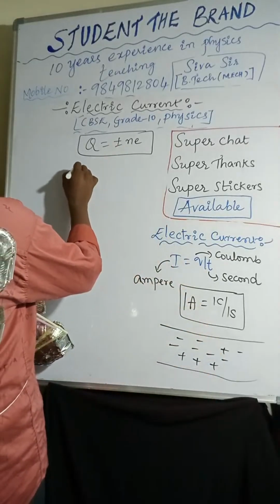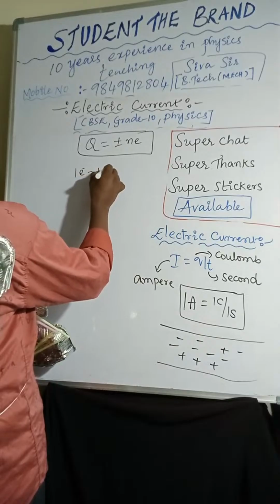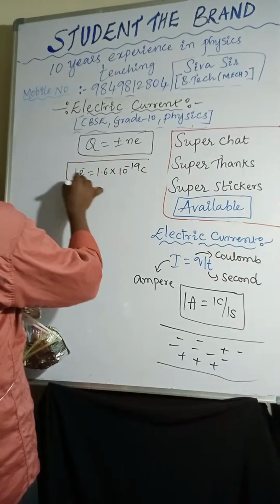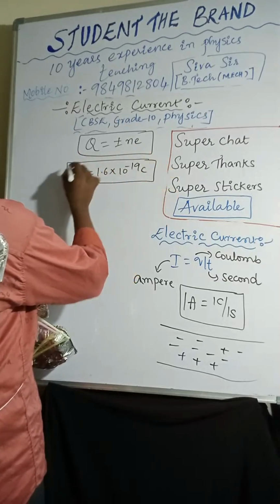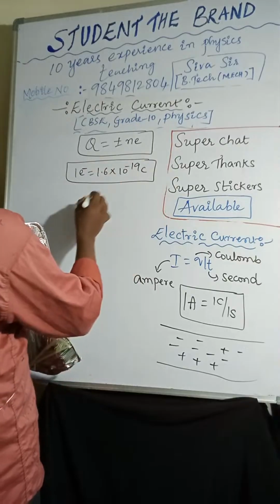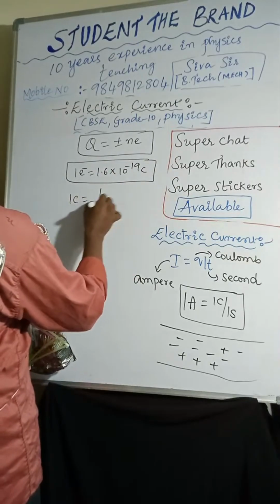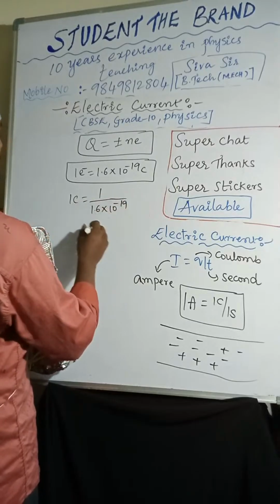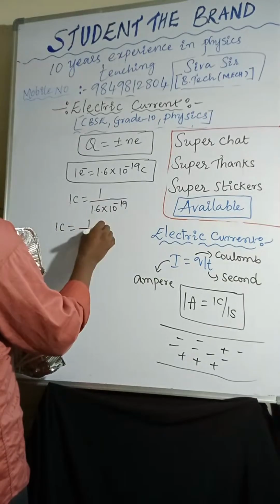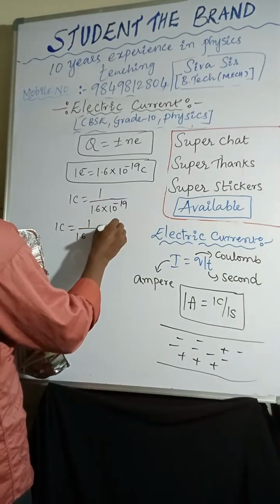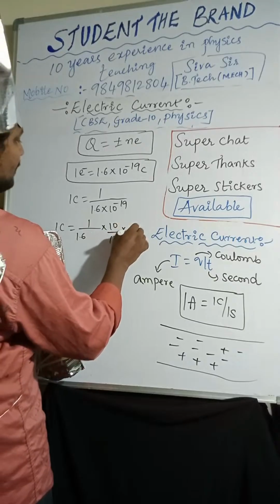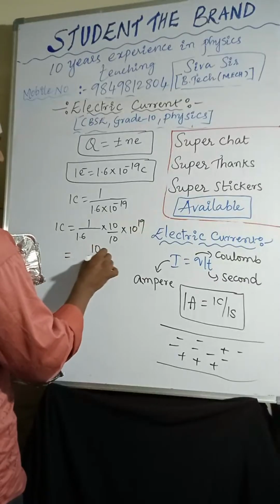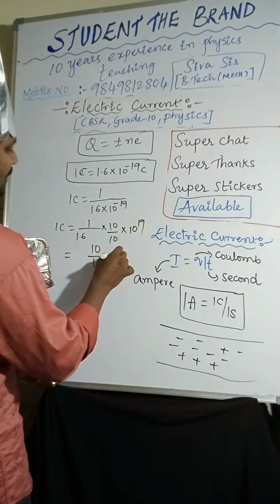Now we are considering one electron. On one electron there is 1.6 into 10 power minus 19 coulomb. In 1 coulomb, the number of electrons is 1 by 1.6 into 10 power minus 19, which equals 10 by 16 into 10 power 19.